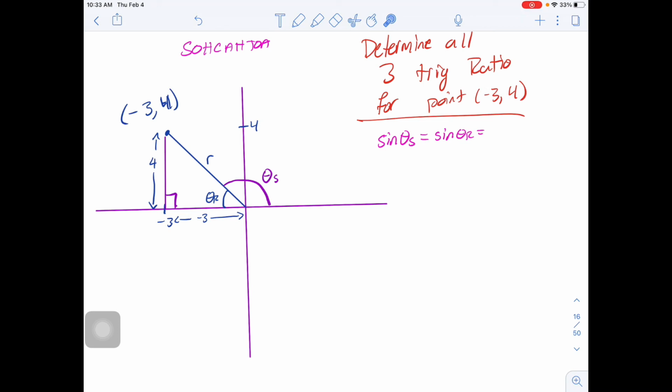In this case, for our reference angle, it is 4 and r. So here we know that sine of the angle in terms of x, y, and r will be y over r. We know what y is. Y equals 4, x equals -3, but we don't know what r is.